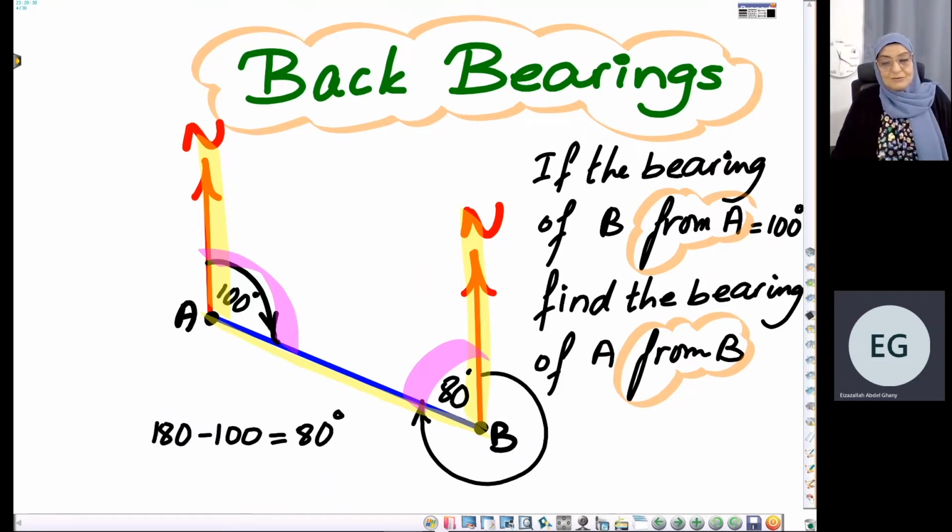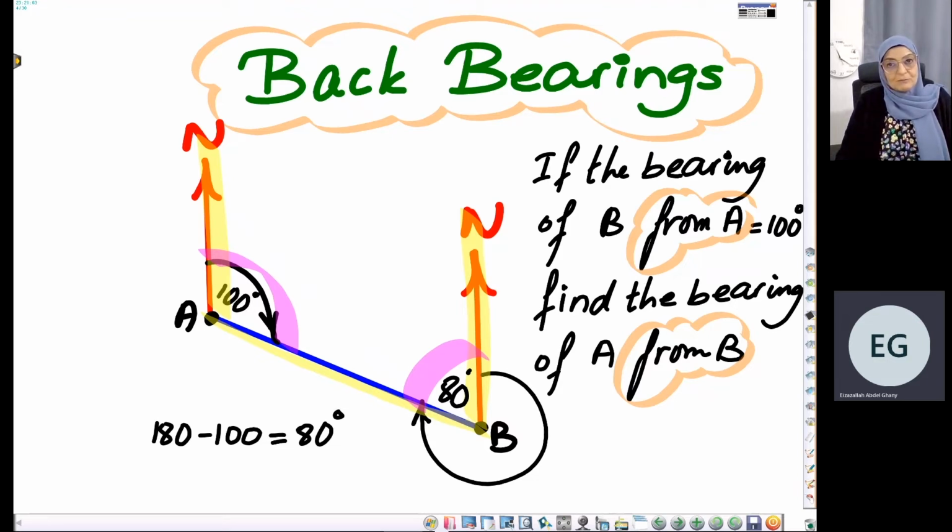Does it look like acute? Yes, it does. It's a sketch without using compass, without using protractor, sorry, but it should make sense. Now we need to find this bearing of A from B, then north at B. Put your pencil on the north, rotate clockwise.